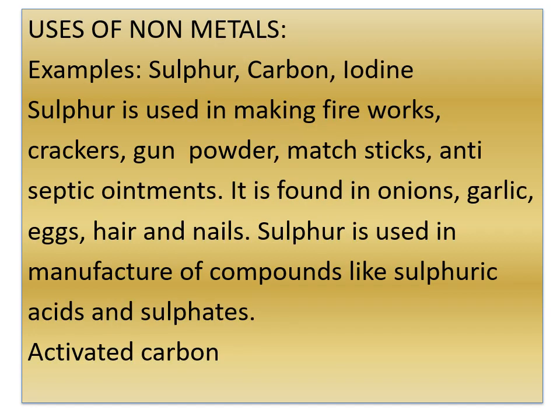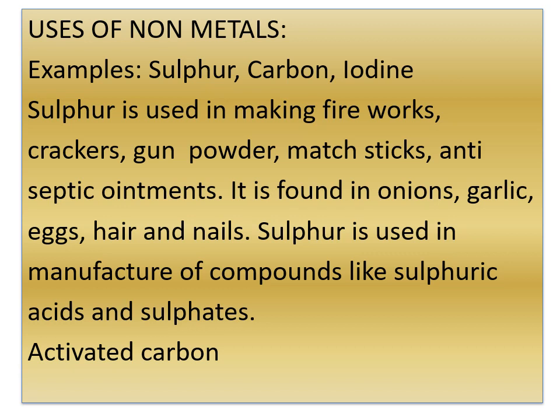So until now we have studied everything about metals and non-metals, and we have come across many examples of metals as well as non-metals. I hope you have remembered till the lesson completed. Examples like sulfur, carbon, iodine. So one after the other, I'm going to discuss their uses. Okay, children. So sulfur is used in making fireworks, crackers, gunpowder, matchsticks, antiseptic ointments.